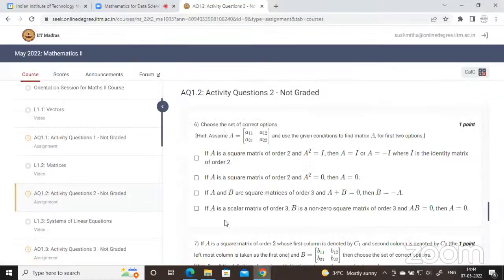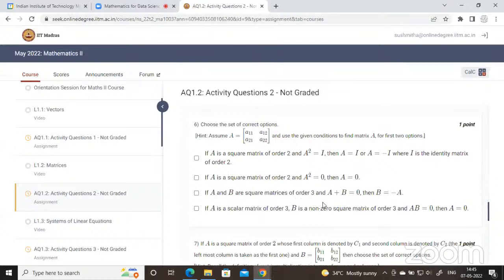So in that context, the first one is not true, right? Yes, we just saw an example. Yeah, so one example is enough to say that this is not true. Similarly, one example is enough to say that the second one is not true. What about the third option? Third option is true.